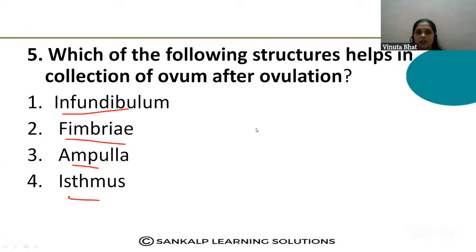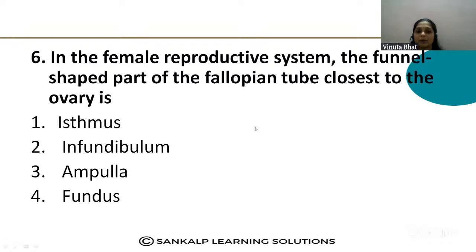See the sixth question. In the female reproductive system, the funnel-shaped part of the fallopian tube closest to the ovary is. What is the funnel-shaped structure which is closest to the ovary?